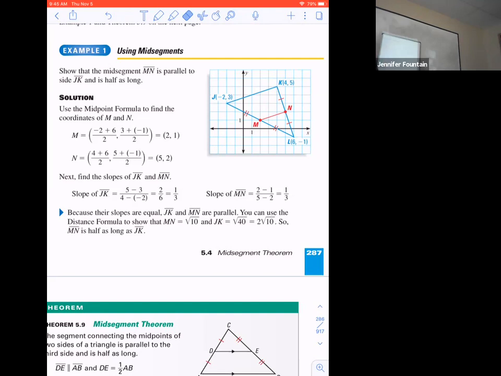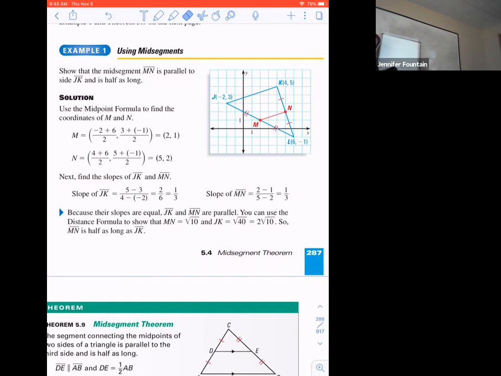Okay, so that's how I find my midpoint. So it says use the midpoint formula to find the coordinates of M and N. So I would take my coordinates of K and L to find N, and I would use my coordinates of J and L to find M. Once I have those, I can connect those lines.